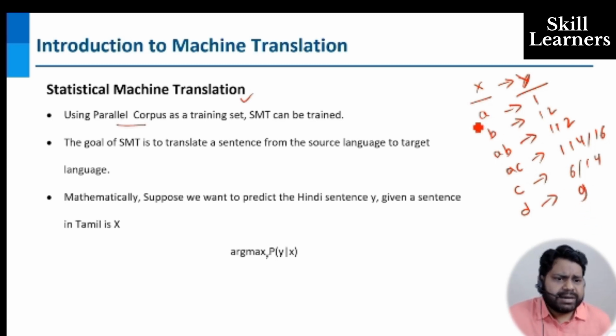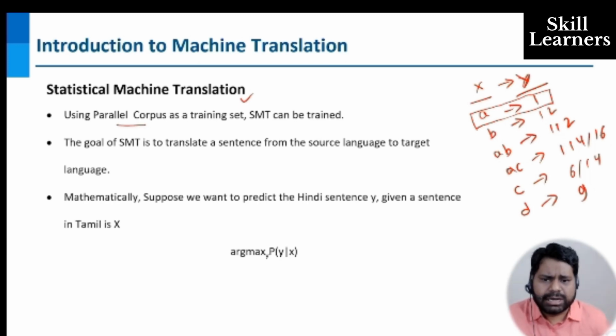So for each data point in X, there will be a corresponding value in Y. It will translate in such a way that for X, what is the data point, and the corresponding data point present in Y. This way it will train the model.